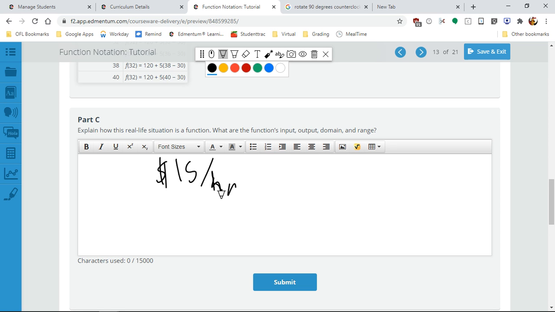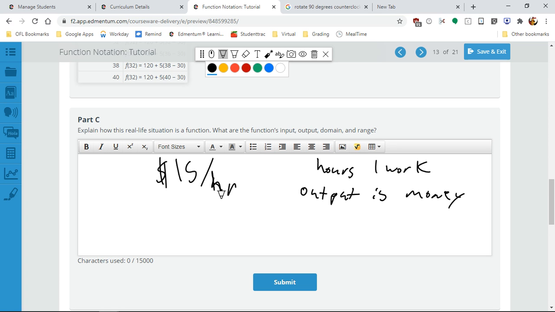So $15 an hour. What's my input? My input is the hours I work, right? And my output is money, dollars.